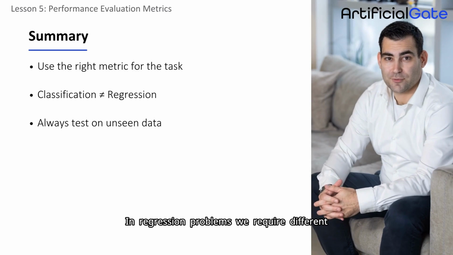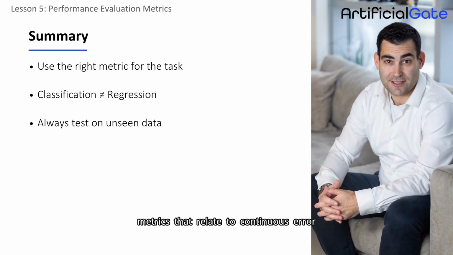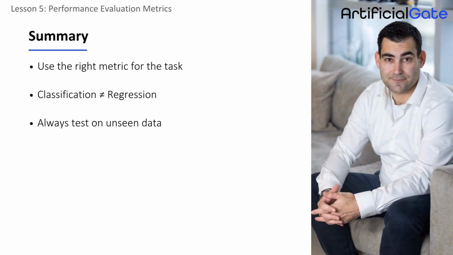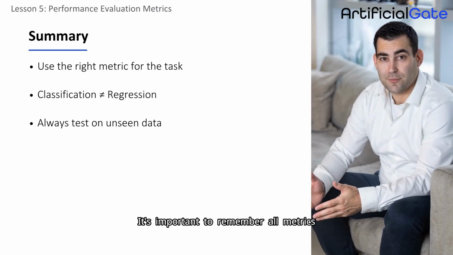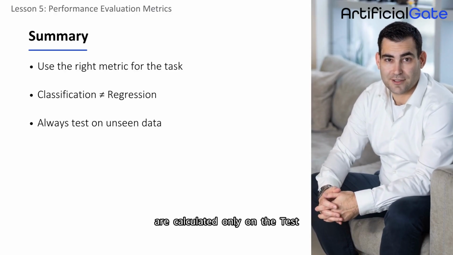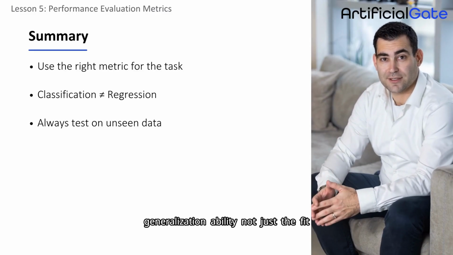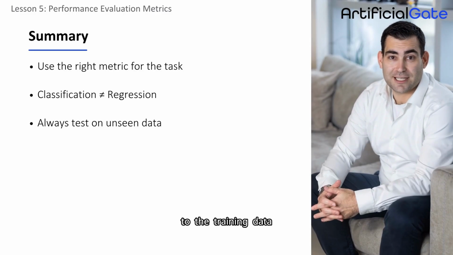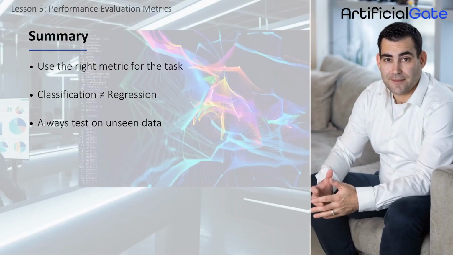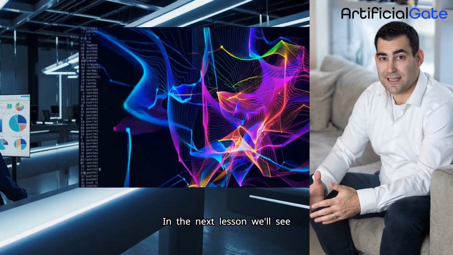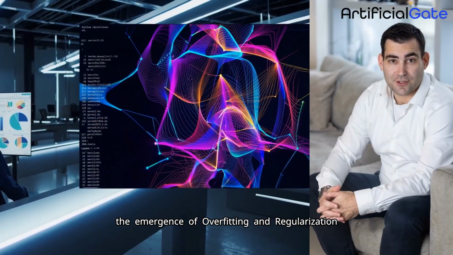In regression problems, we require different metrics that relate to continuous error. It's important to remember all metrics are calculated only on the test set, since we are measuring true generalization ability, not just the fit to the training data. In the next lesson, we'll see the emergence of overfitting and regularization.